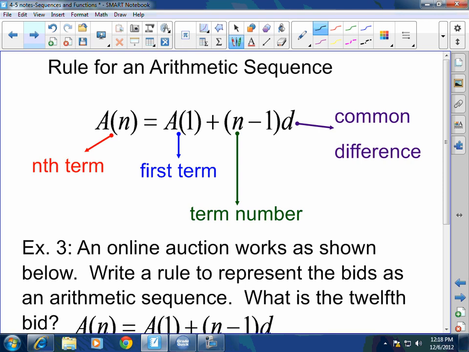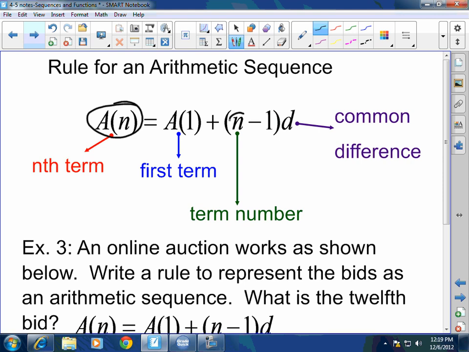So remember, A of n is the output. That's the dependent variable. All A of n means is the nth term. So if you say, I want to find the 15th term, that's what A of n is. A1 is the first term of the sequence. So if you're going 2, 4, 6, 8, 10, 12, 2 would be your first term.